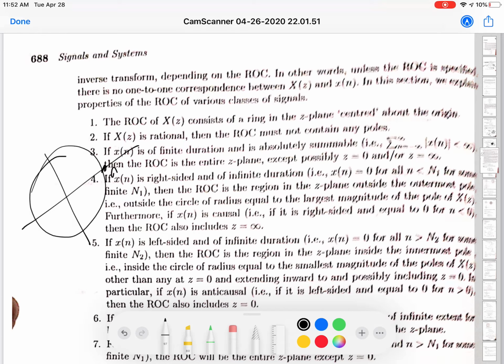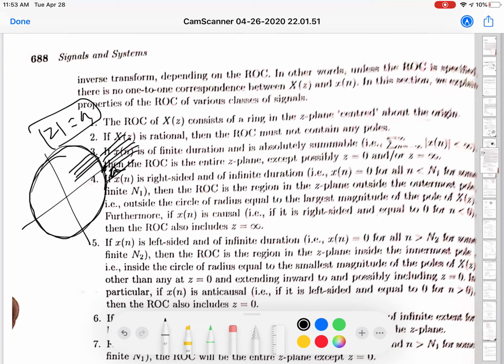Let us consider this is the ROC. In the ROC, a may be the pole of the given function, so it will not be included in the ROC. This pole will not be included in the ROC.